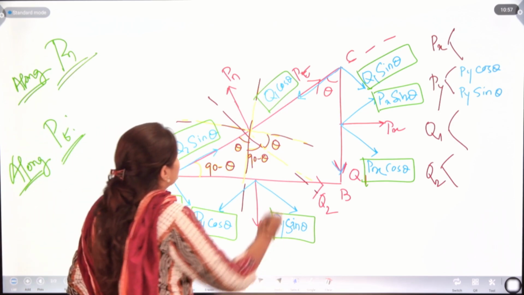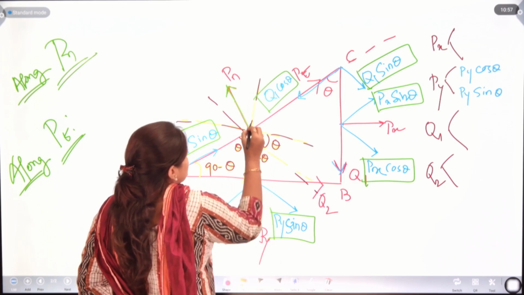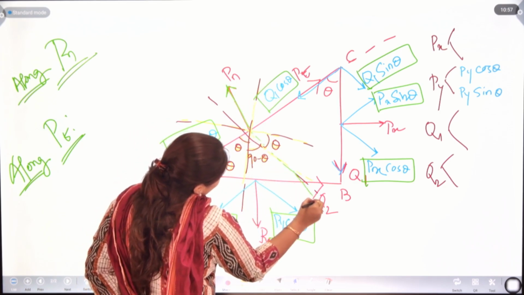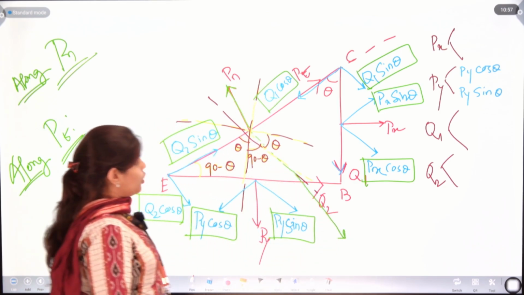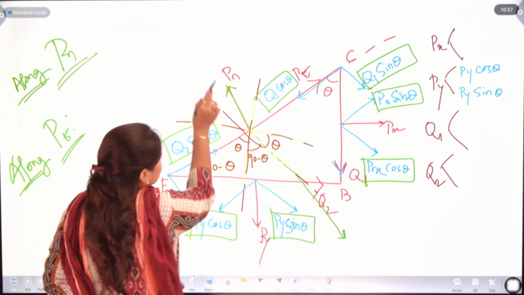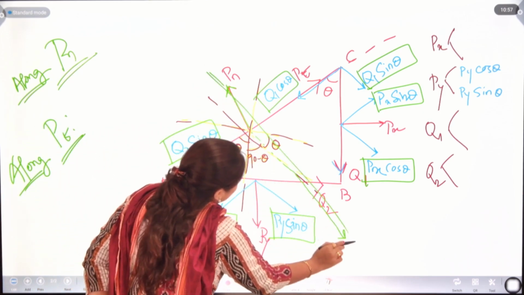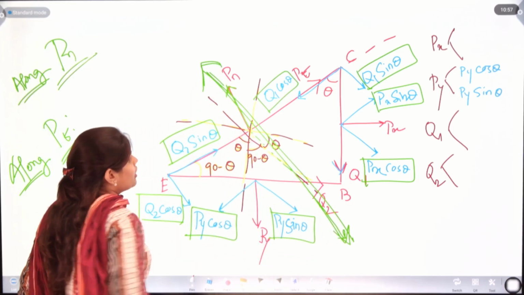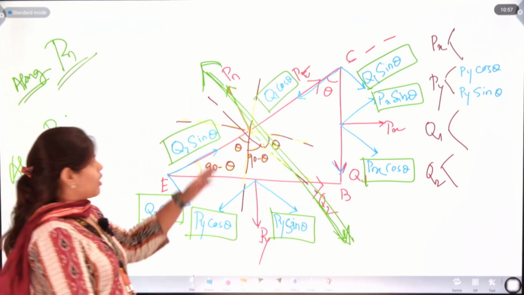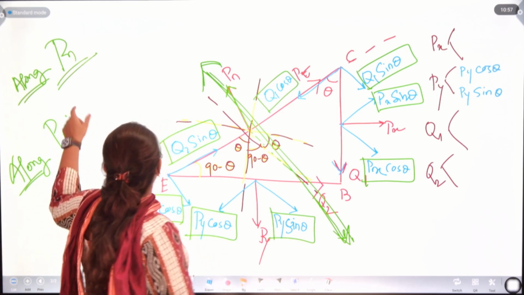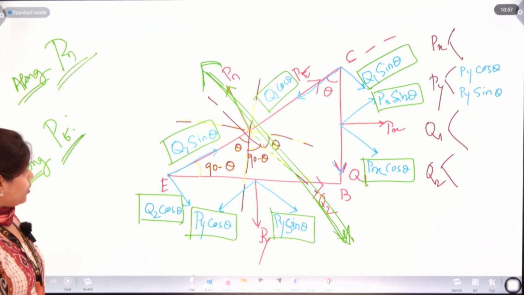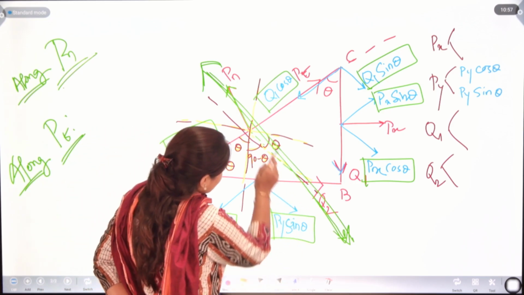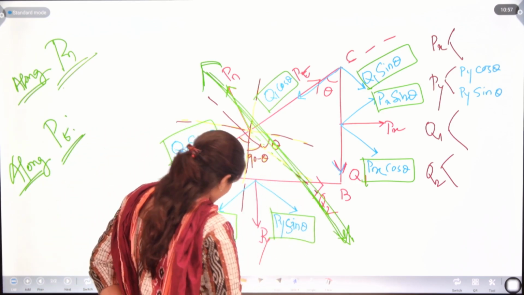Here you can see Pn is acting like this. If we draw the direction, the forces which are acting in this way are components along Pn. So, you can see here Py.